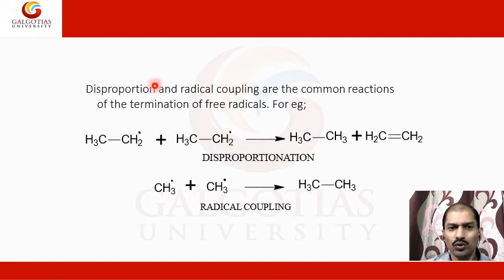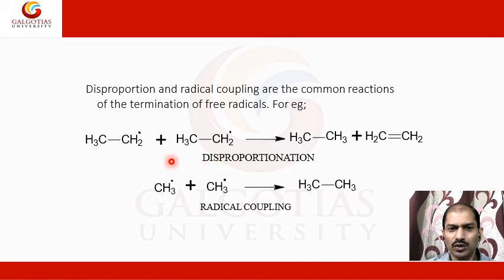Disproportionation and radical coupling are the common termination reactions of free radicals. Radical coupling means both the radicals just couple and make a neutral species.